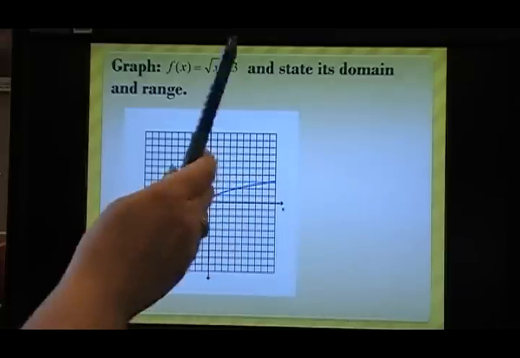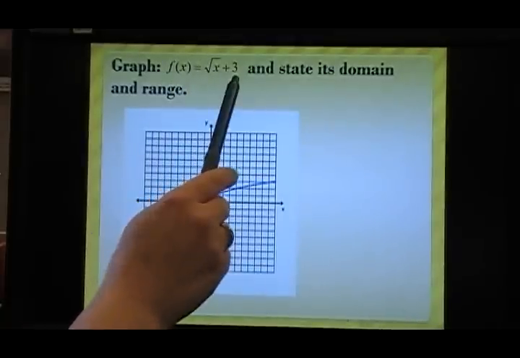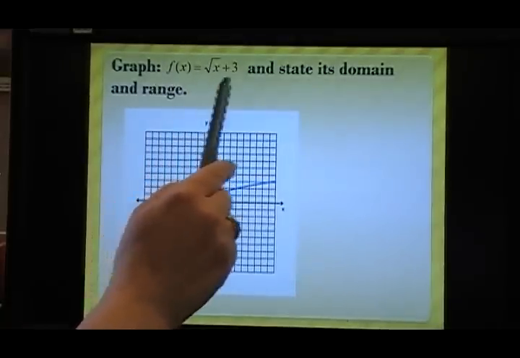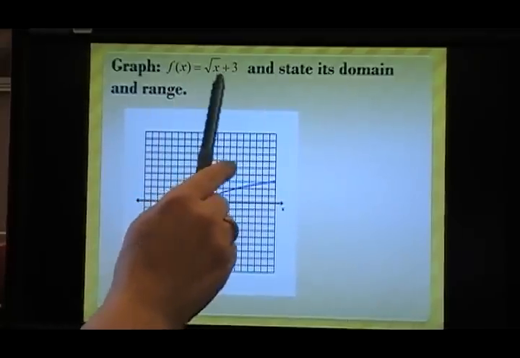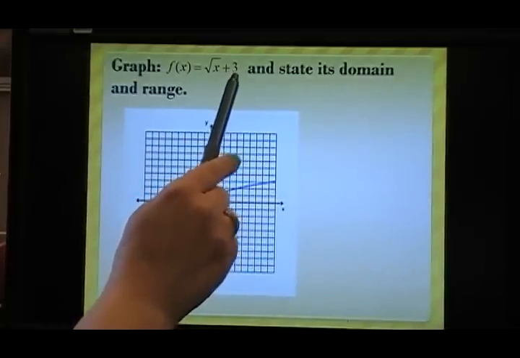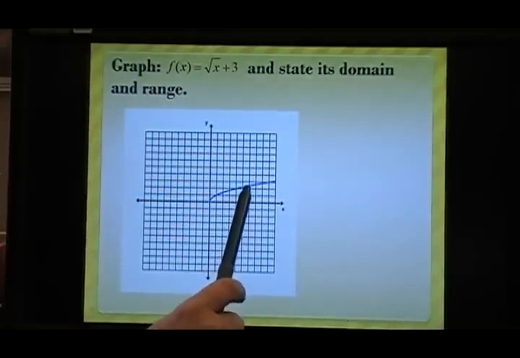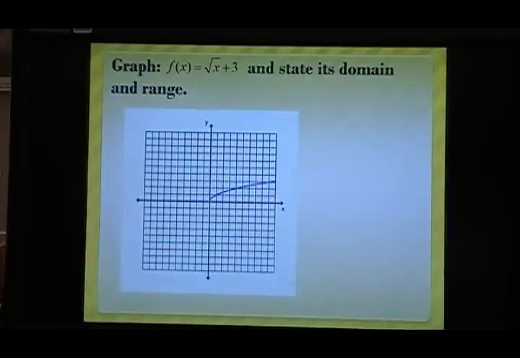Okay? Again, we have another square root function. Because I look at this and I see a square root function, that's how I know to start with this one. Okay? Hopefully you're getting that, because that's a big deal. Okay?